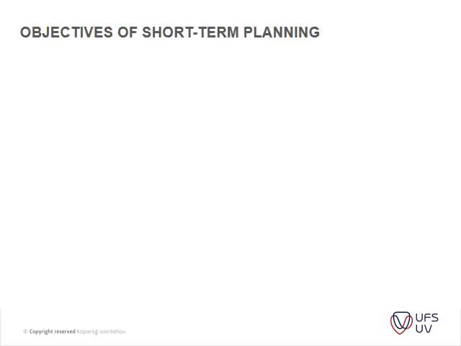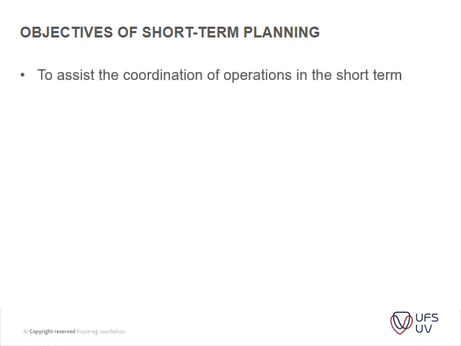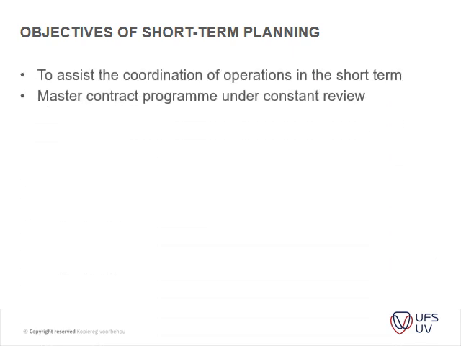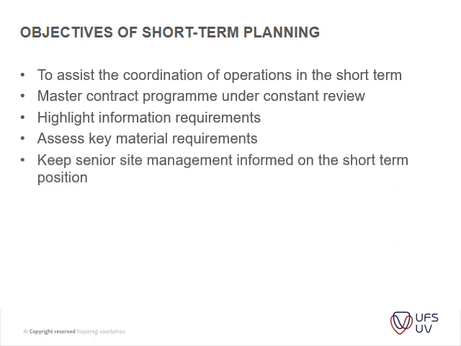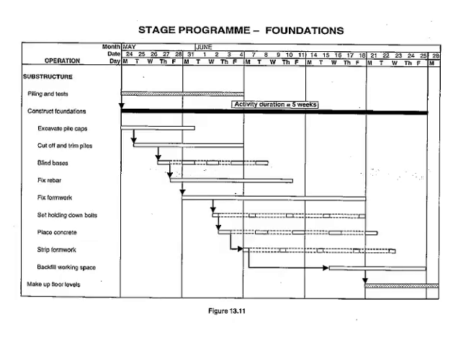Okay, then the objective of the short-term program is basically to assist the coordination of short-term operations. The master contract program is under constant review, and then it highlights information required, assesses key material requirements, and keeps senior site management informed on the short-term position. So stage programs, for instance, now for foundation.